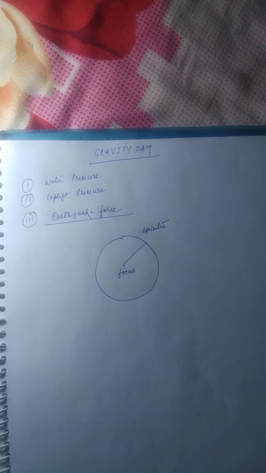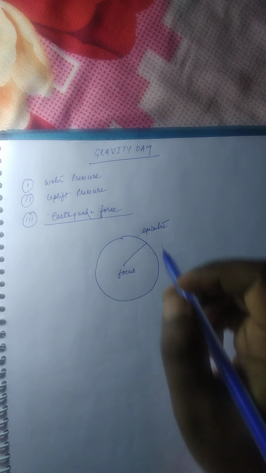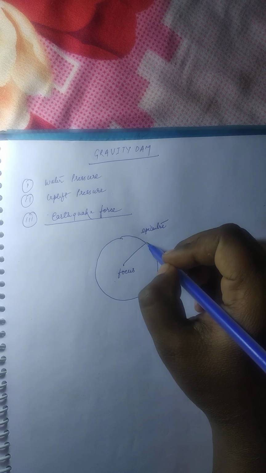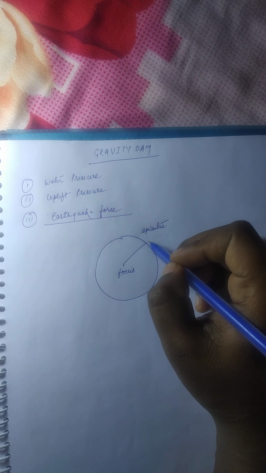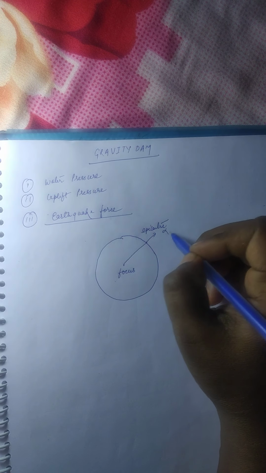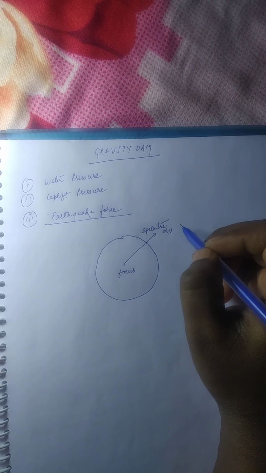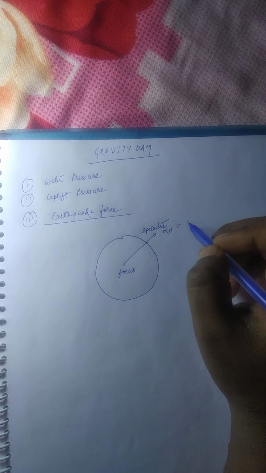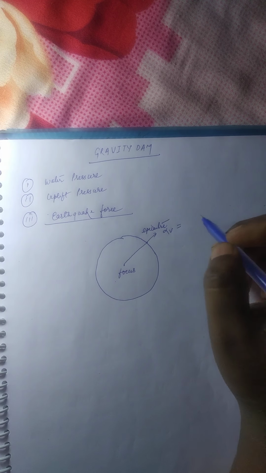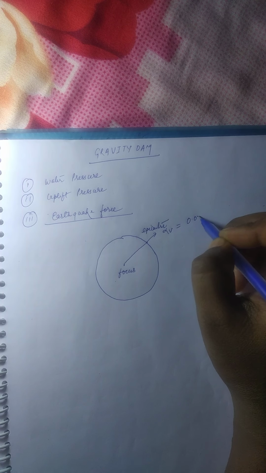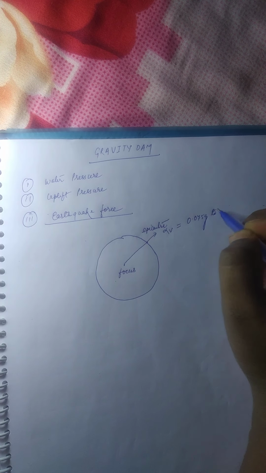And this earthquake force travels in the vertical direction and appears on the surface as a vertical acceleration. The notation is alpha v, and this value varies as some part of the acceleration due to gravity, in the range between 0.075 g to 0.15 g.